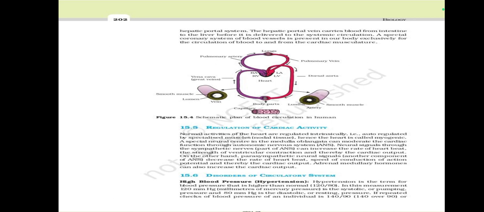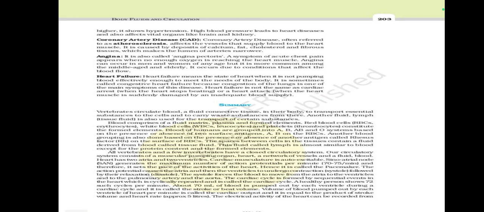If repeated checks of blood pressure of an individual are 140/90 or higher, it shows hypertension. High blood pressure leads to heart disease and also affects vital organs like the brain and kidney.